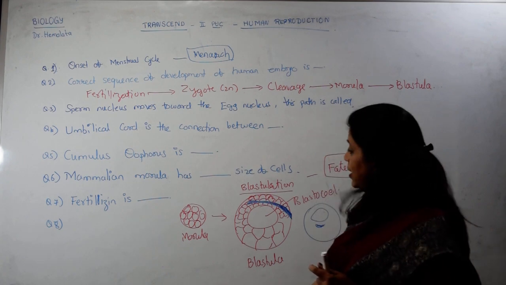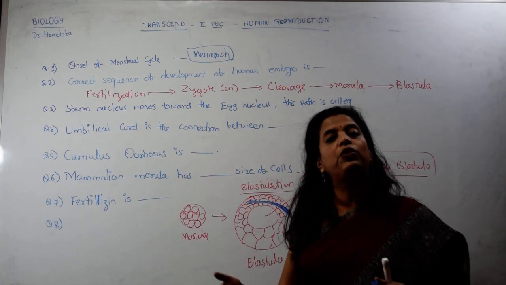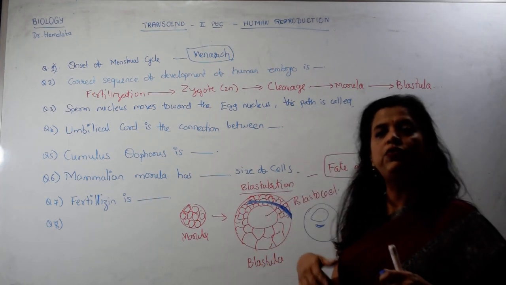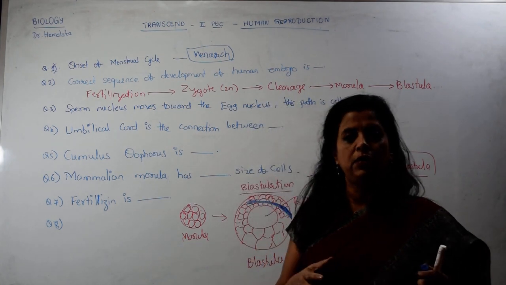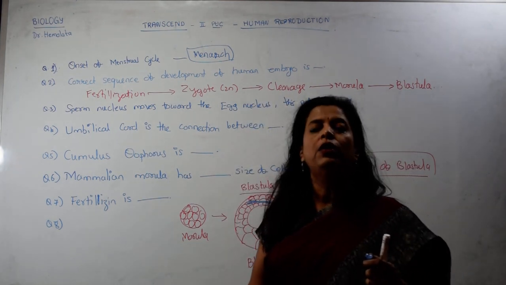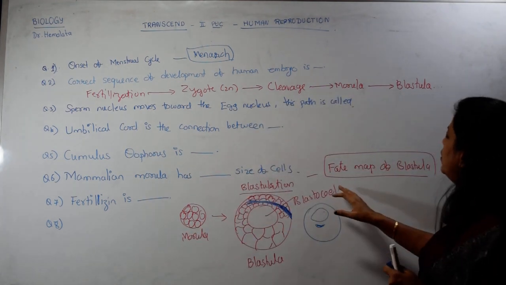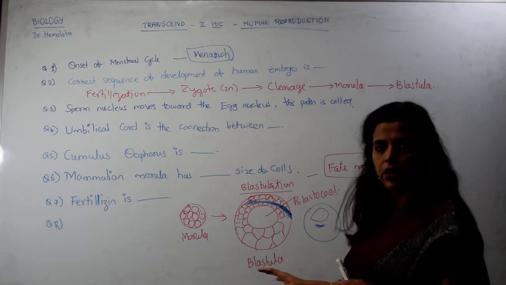So at this stage of blastulation, you can identify the fate of these cells. What are they going to form in future? Which form the ectoderm, which form the mesoderm, which form the endoderm, which form the gastral cavity. Like that, everything will be analyzed at the stage of the blastula. We call that the fate map of the blastula. Okay, remember this additional thing.